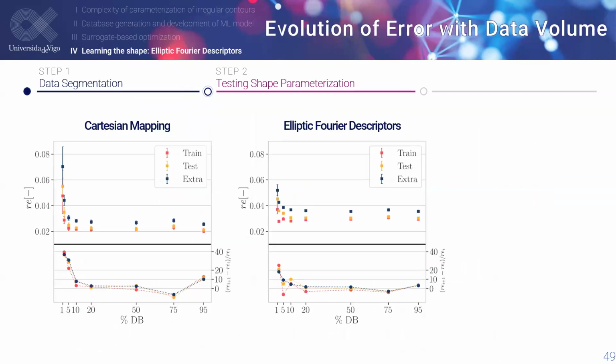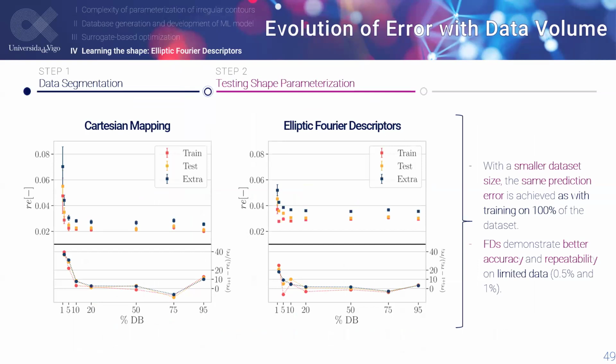Here you can see an overview from a more general point of view, with an x-axis going from using 1% of the data for training up to all of the data. This is really interesting because with smaller data sizes, these two red sections, you can see that the elliptic Fourier descriptors have a lower error and lower dispersion.